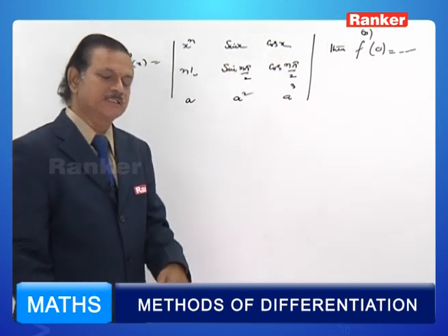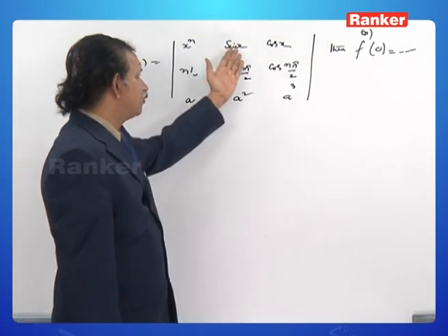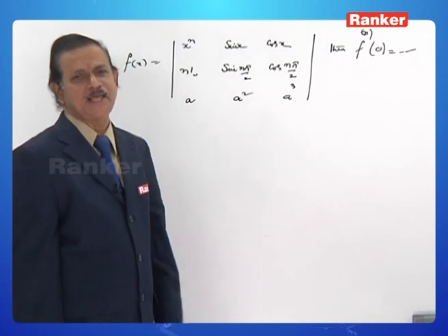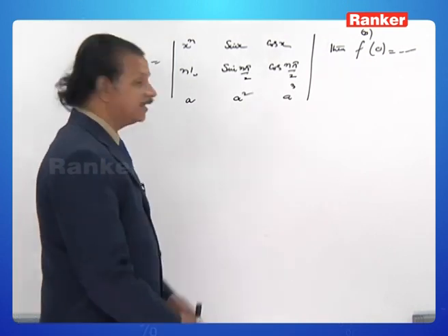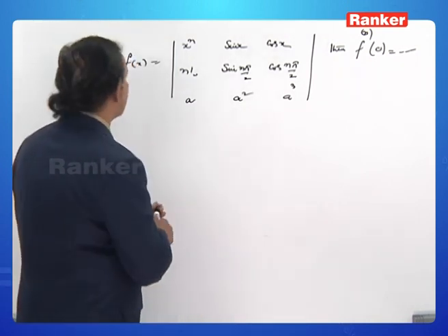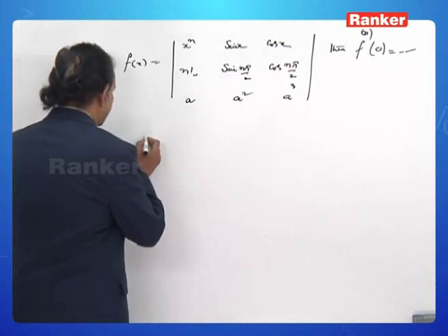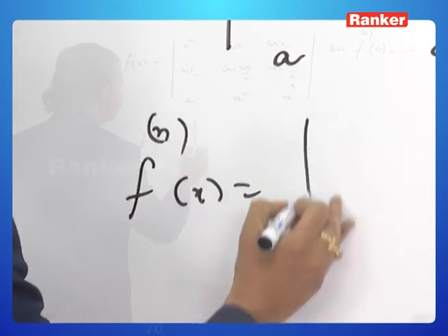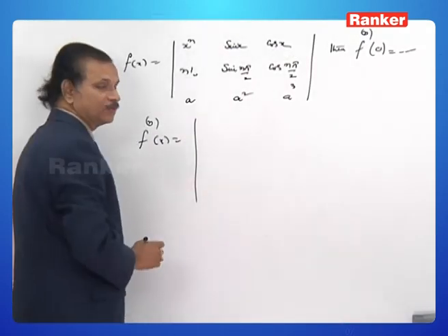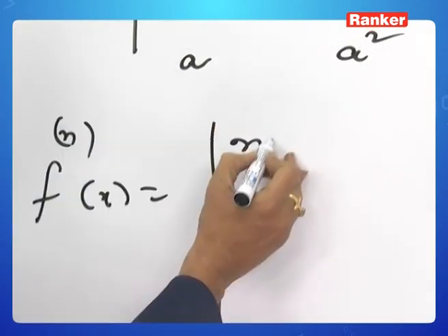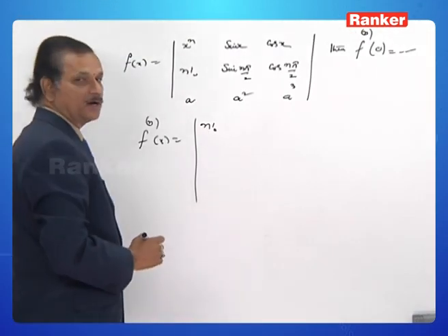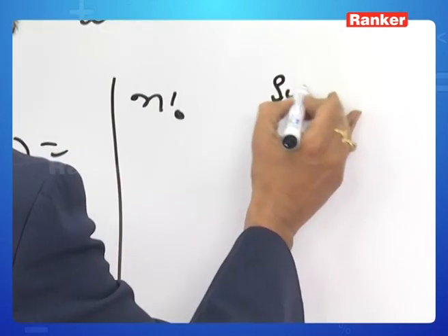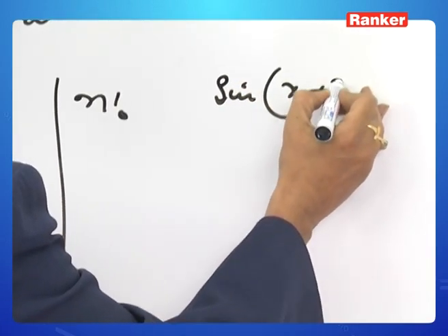What is f double dash x? Again the second derivative of this, second derivative of this, second derivative of this, and the second and third rows remain the same. Like that, the nth derivative f^n of x is equal to, what is the nth derivative of x^n? n factorial. What is the nth derivative of sin x? sin(x + n pi by 2).